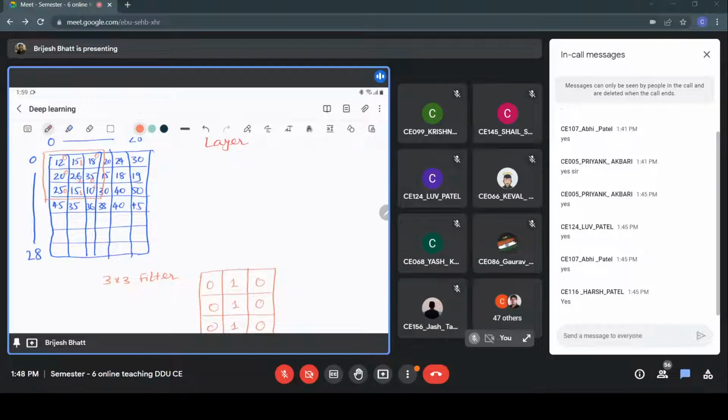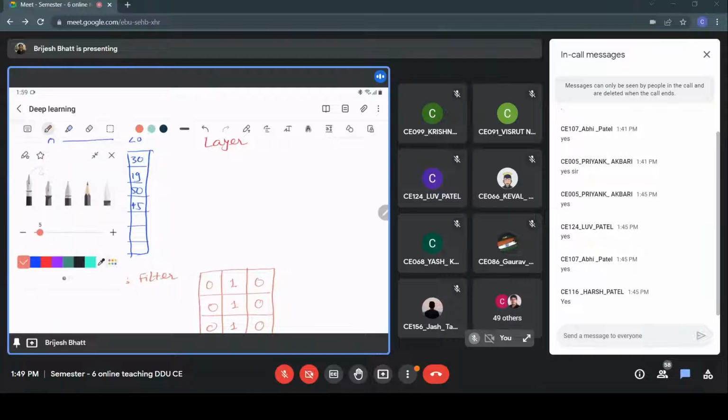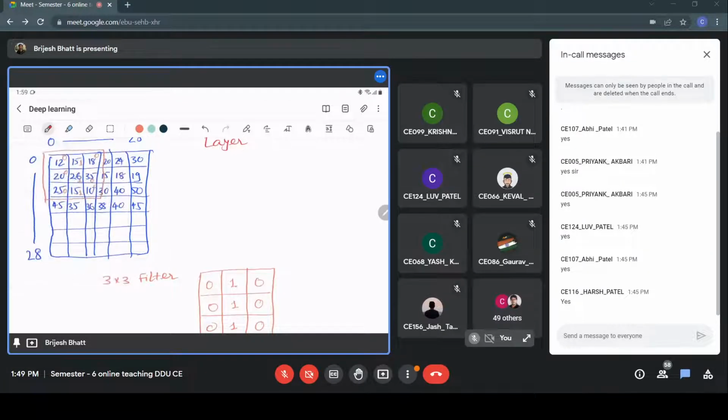And then we take a linear summation of all the values that we get after multiplication. So that will be 15 plus 26 plus 15. That turns out to be 56. Right? So the outcome of the first filter value will be again a new matrix where the first cell is 56.